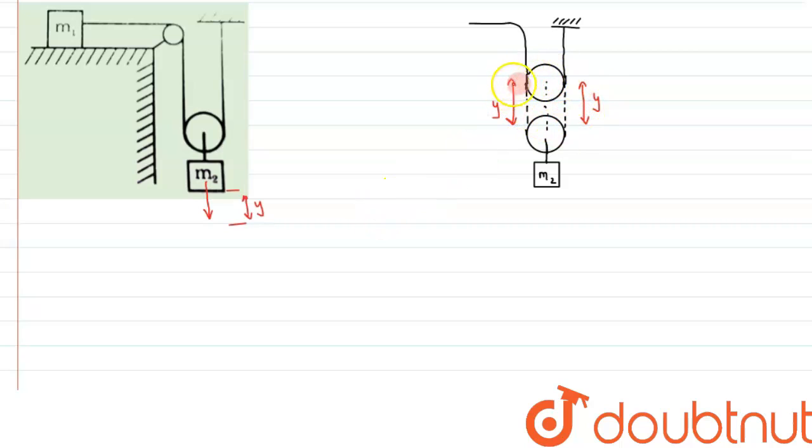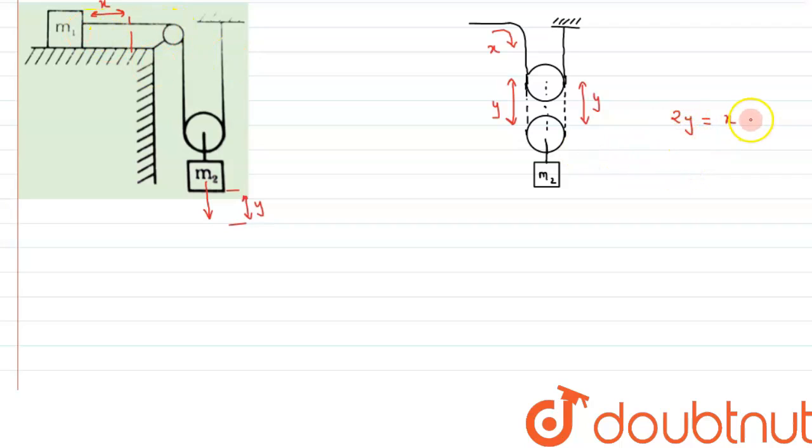To compensate for this, let's assume that due to this motion, block M1 will cover a distance of x. So the string will be given x in this direction. To maintain the string tight, this 2y will be compensated by the string given by distance x from block M1.